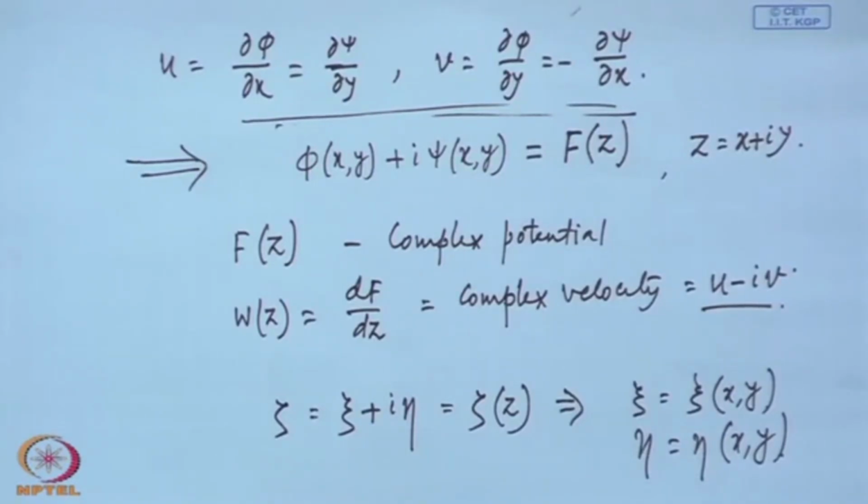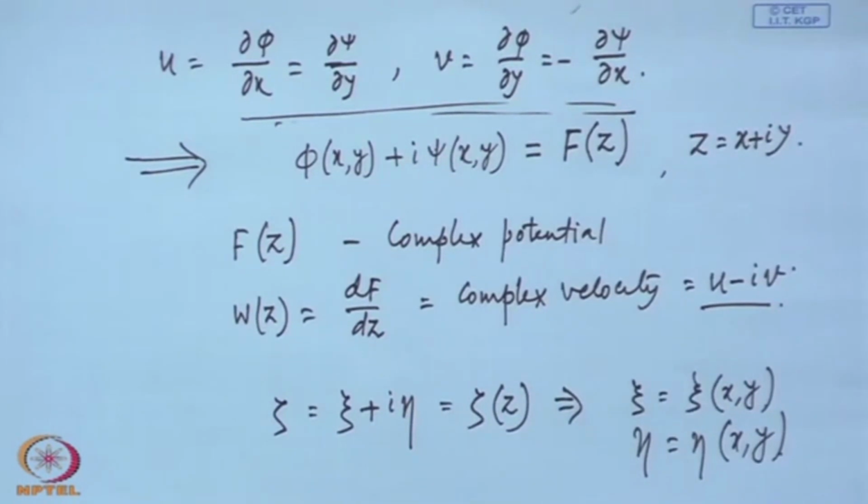So, this function zeta as a function of z transforms z to zeta, like the function y equal to x square transforms x to y.